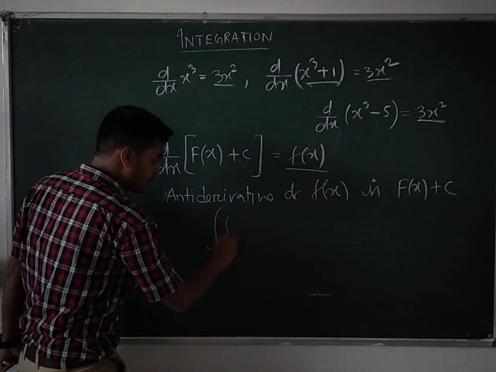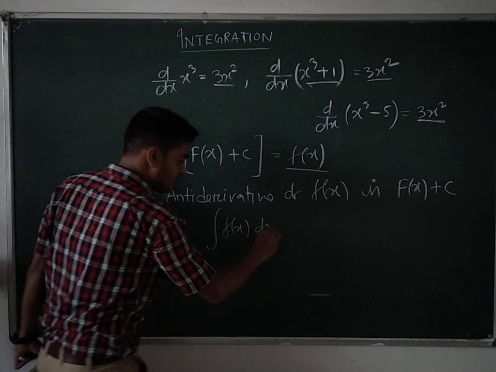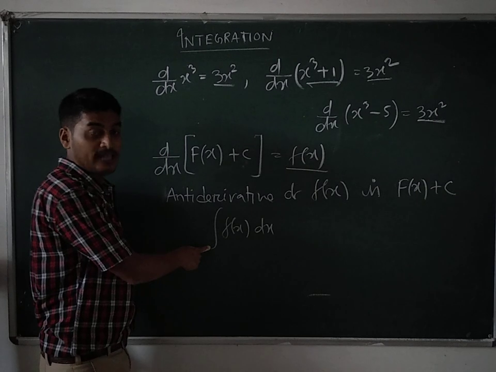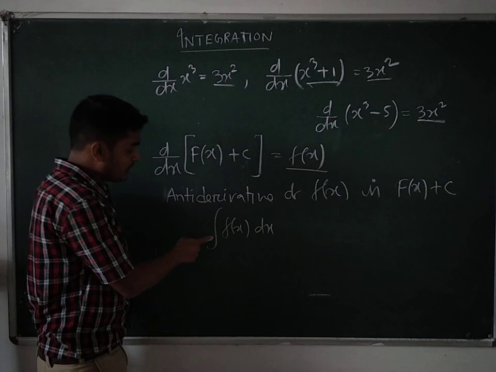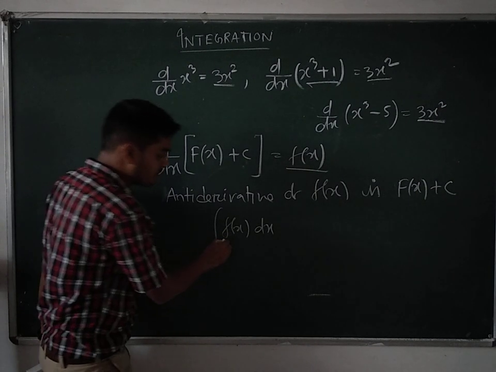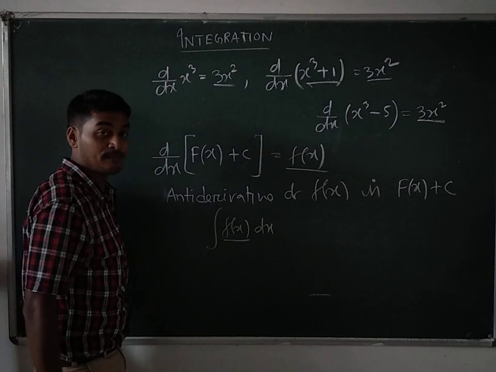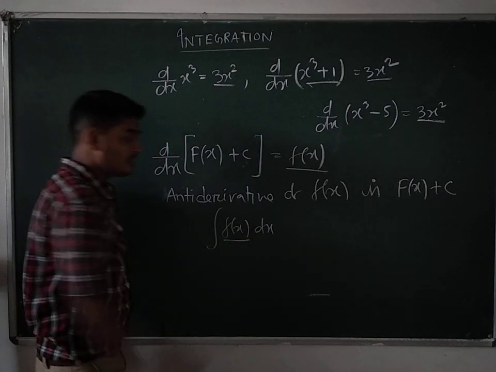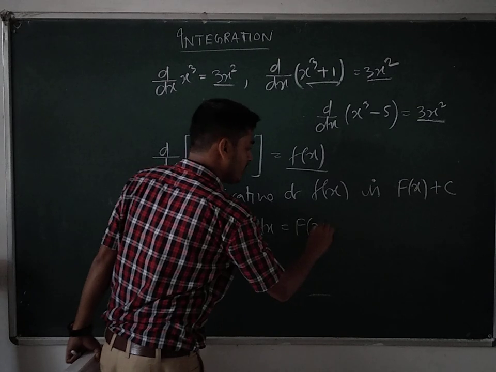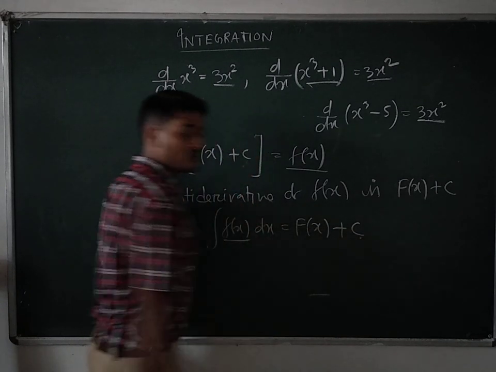The antiderivative is generally represented by the integration of f of x; this one is the symbol. The antiderivative of the given function with respect to x is equal to capital F of x plus c, where c is any constant quantity.